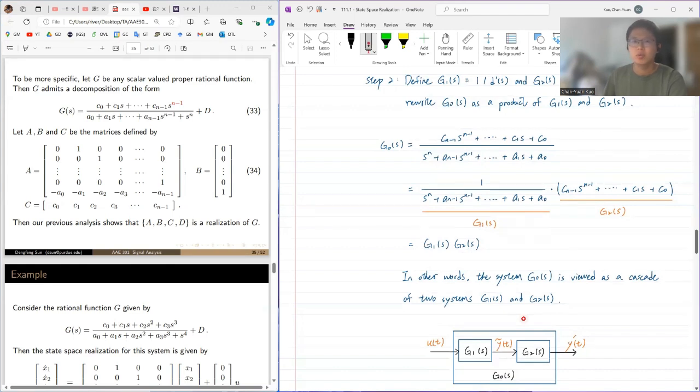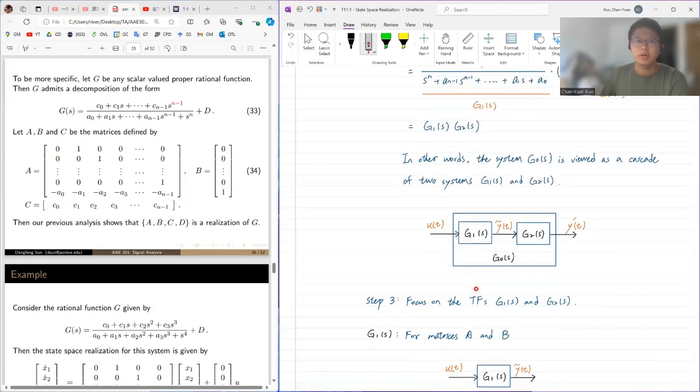In other words, we will view the system described by the transfer function G0(s) as a cascade of two systems described by two transfer functions G1(s) and G2(s). Note that the input to G1(s) is u(t). The output of G1(s), which is the input to G2(s), is denoted as y tilde of t, and the output of G2(s) is denoted as y prime of t.